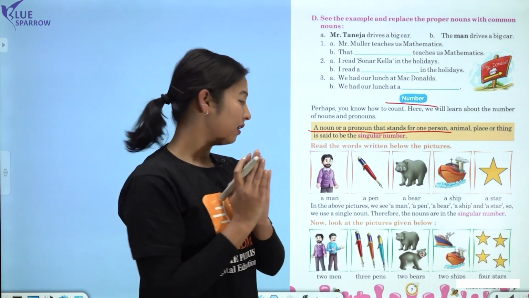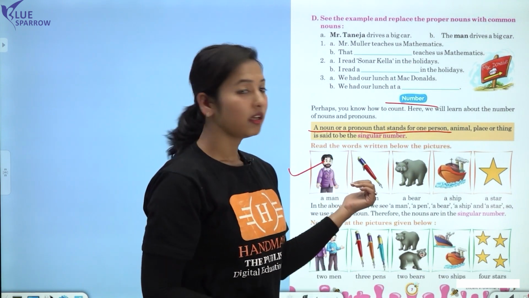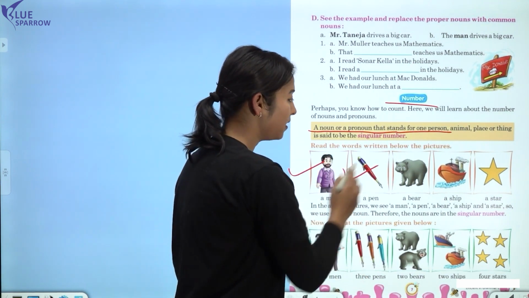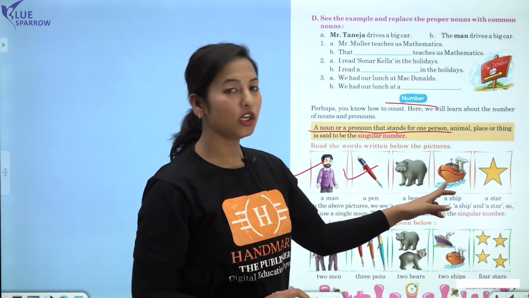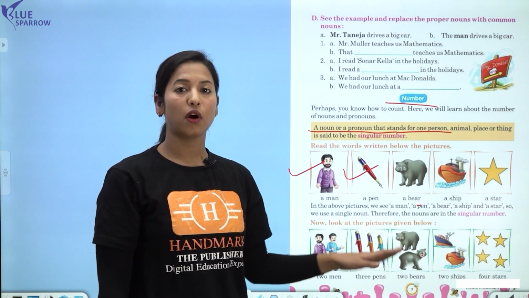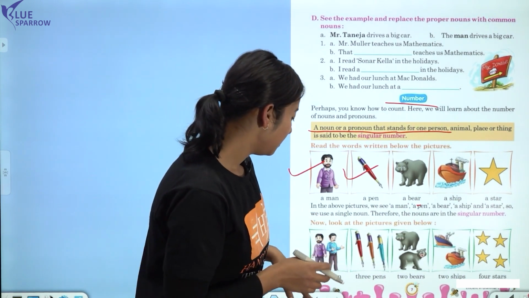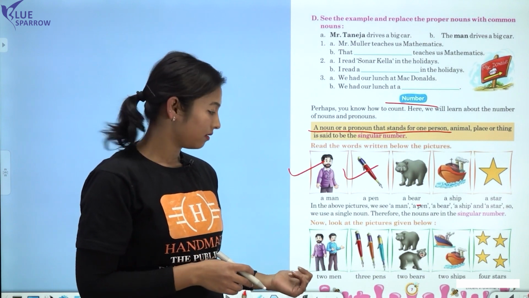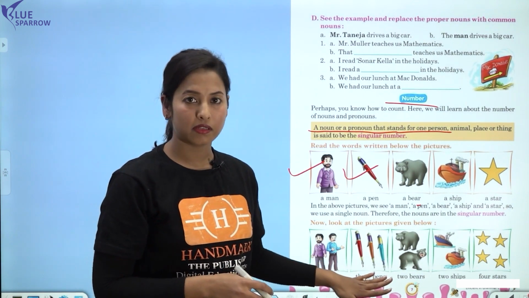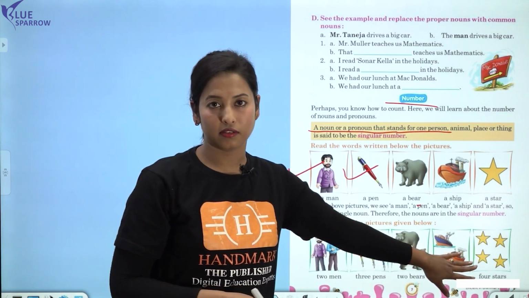For example, here you can see a single man. Okay, here you can see a single pan, single bear, single ship and a single star. So all these are examples of a singular noun. Now here we can see these are two men and these are three pens, two bears, two ships and four stars.